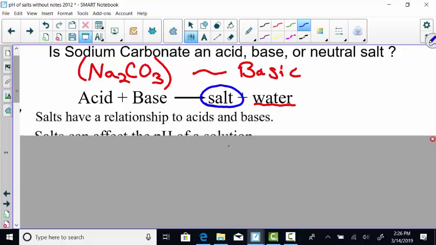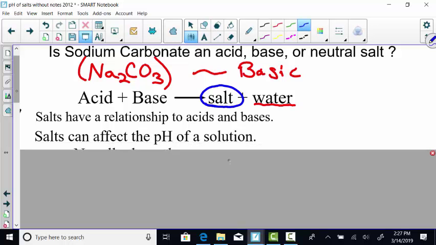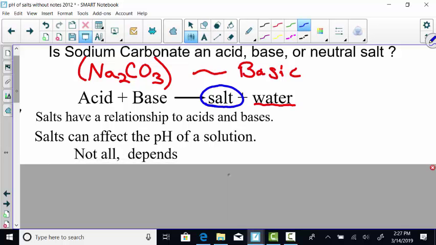So salts have a relationship to acids and bases. Because of that relationship, salts can affect the pH of a solution. But not all of them do.